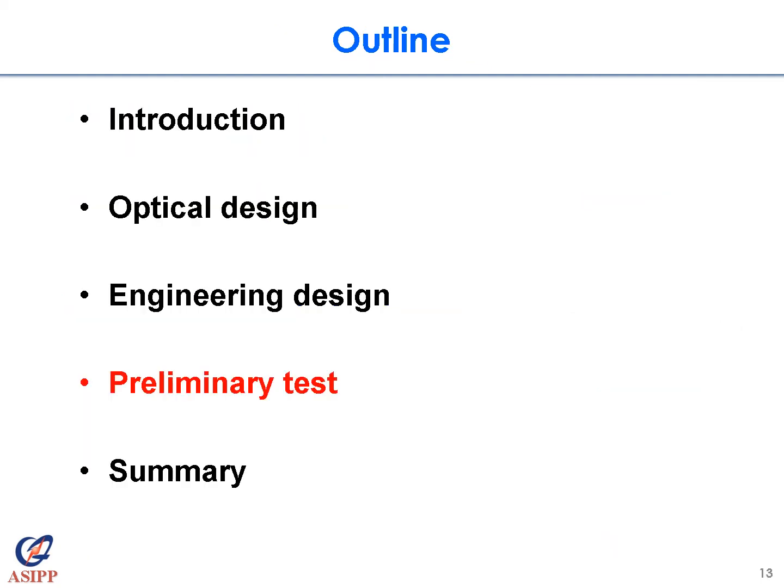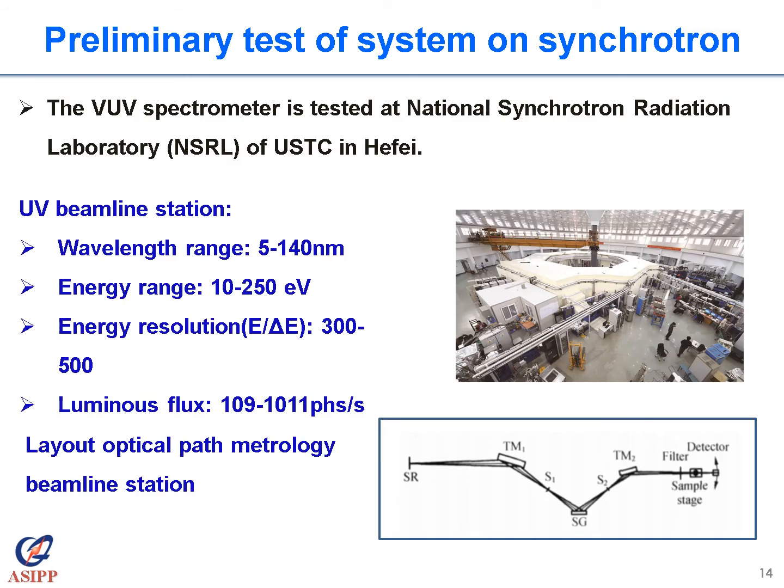The VUV spectrometer is tested at the National Synchrotron Radiation Laboratory of USTC in Hefei. The UV-B9 station has high luminous flux in the wavelength range of 5 to 140 nanometer.